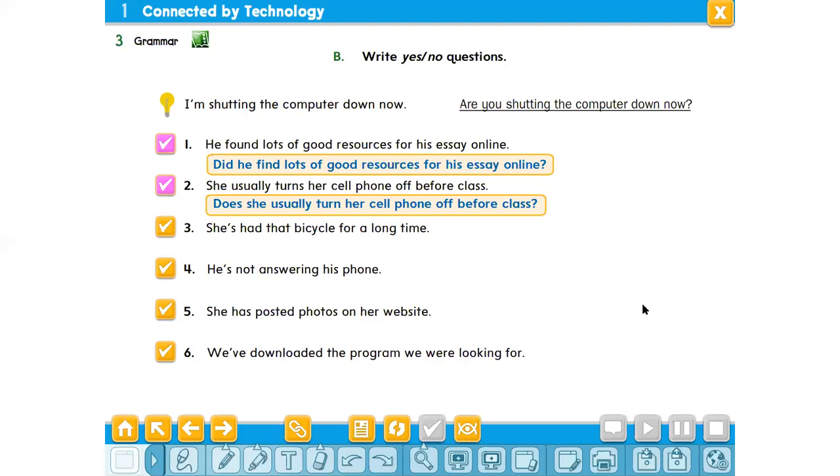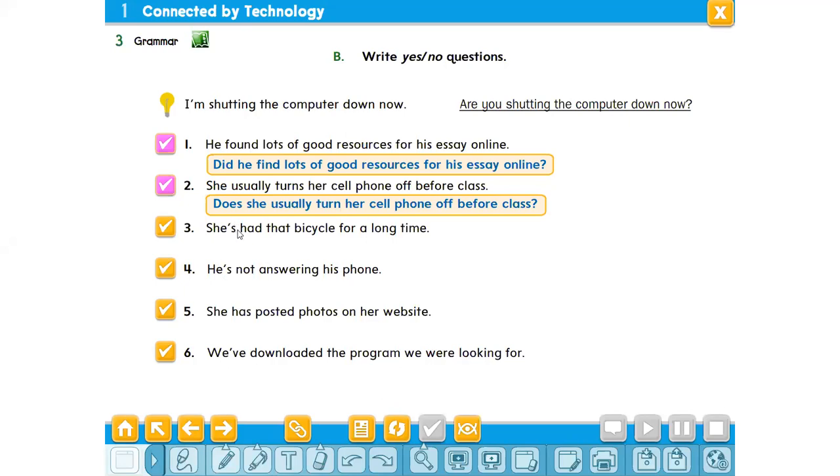What about Amir? Can you, Amir, help us with this number 3? Has she had that bicycle? Okay, so Amir and Rueli know that we have an auxiliary verb here. Where is it?